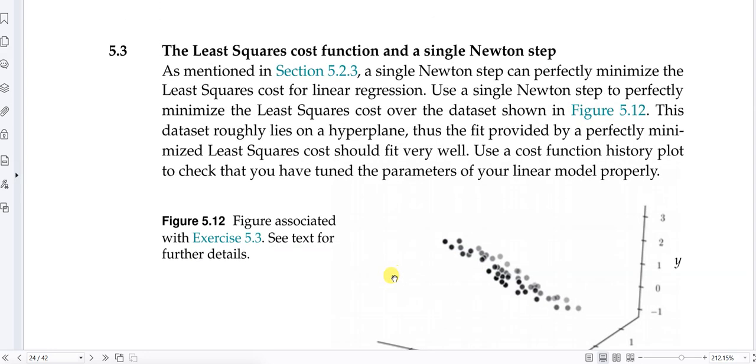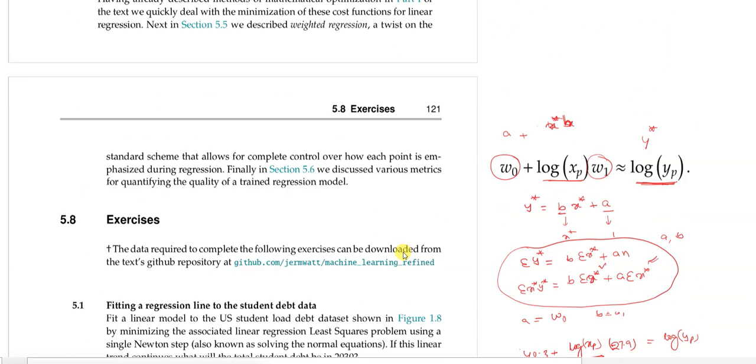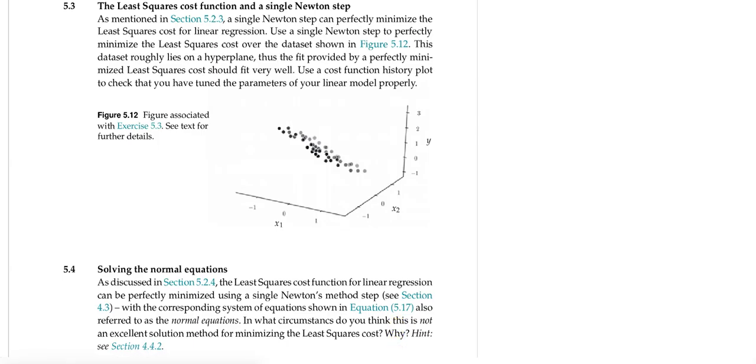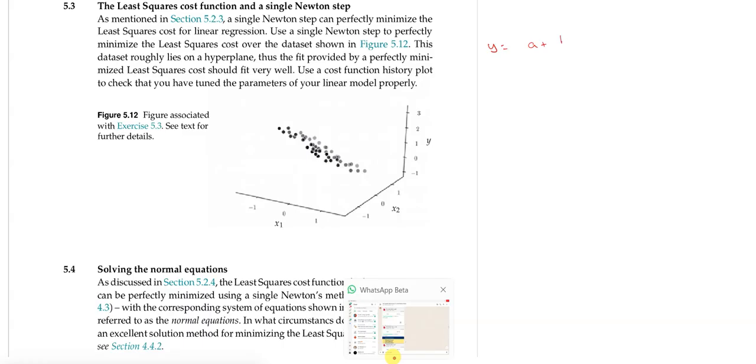So in this case y equals a plus b x1 plus c x2. Then the normal equations are here. For me a, b, c are unknowns. The coefficient of a is 1, of b is x1, of c is x2. Simple logic.